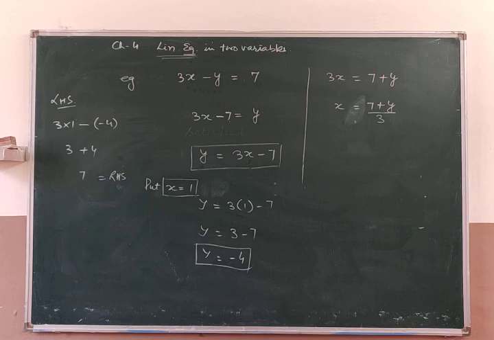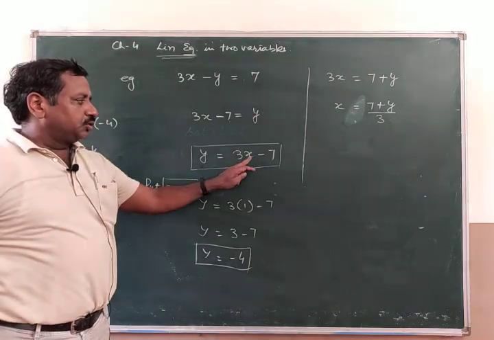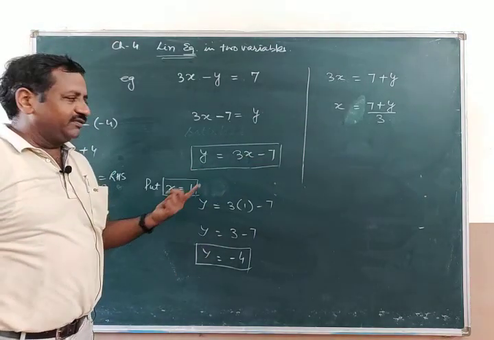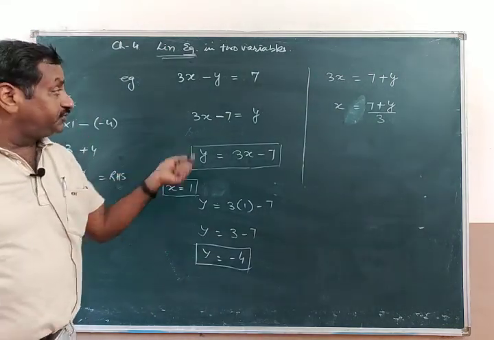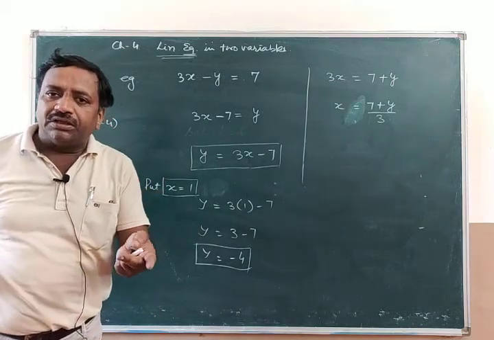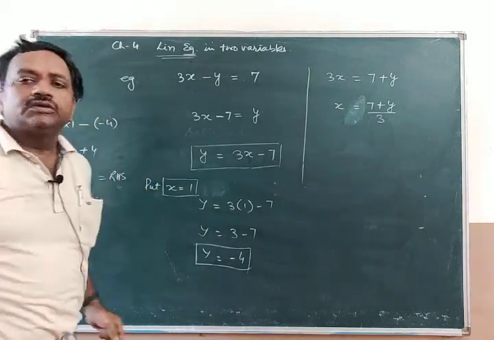So this is the solution of the equation, because the value of the variables at which the left hand side becomes equal to the right hand side is called the solution of the equation. Similarly, I can put x equal to 2, 3 into 2 minus 7, y will be minus 1. I can find out many solutions, because a linear equation with two variables has infinite solutions.